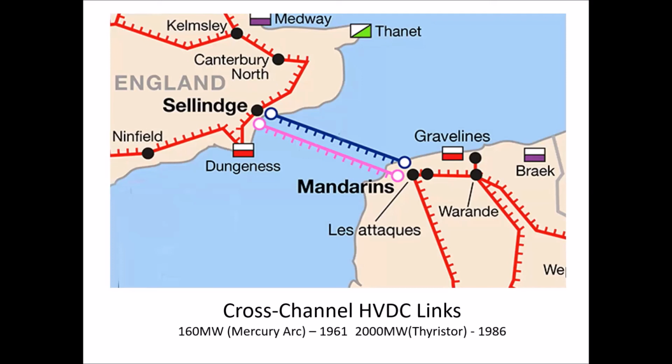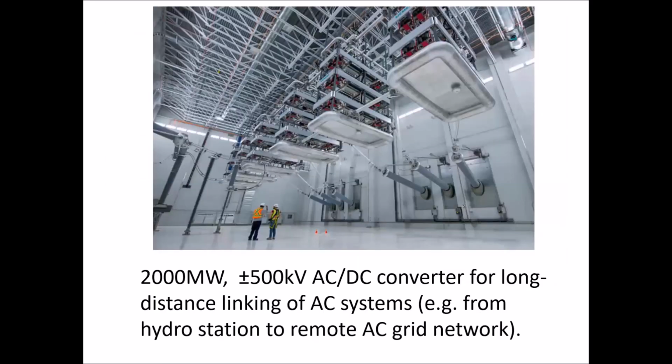It's a 1986 thyristor link, and these of course are very much bigger than the little boxes we saw. Here's a picture of one. This is a Canadian one actually. It turns out that for transmitting power over very long distances, originally AC was the winner, but there are problems with it.